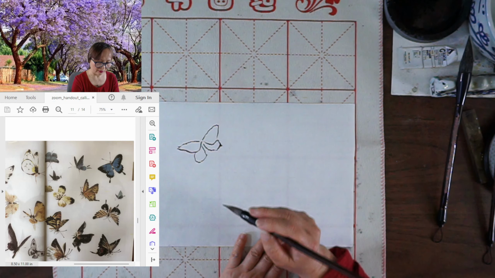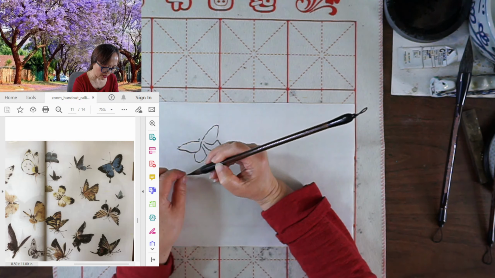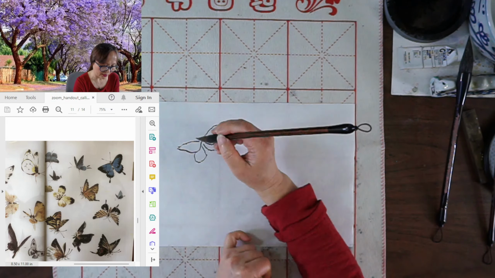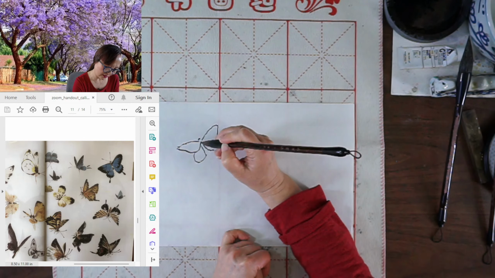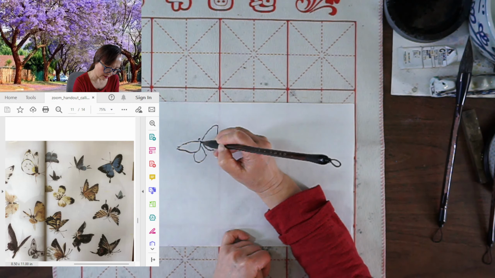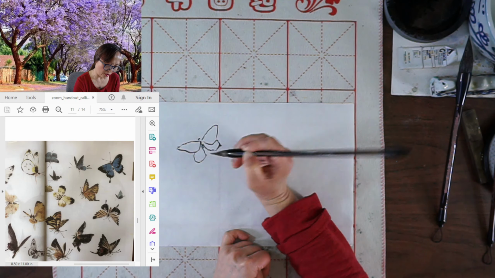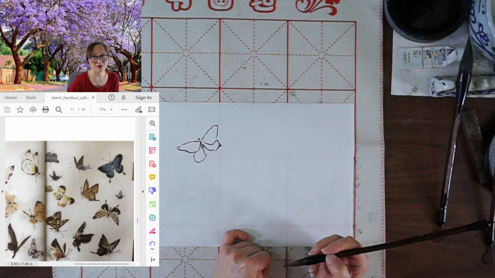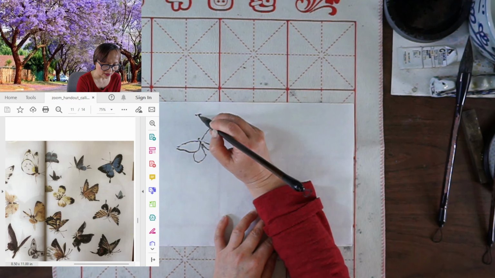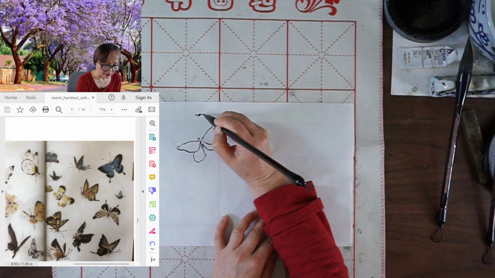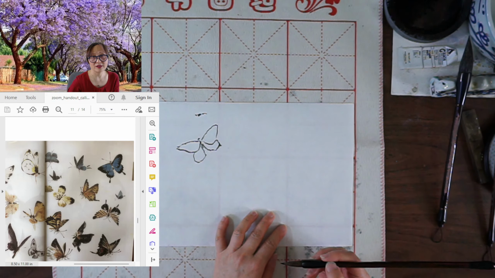And the head part is very small. We do the body part in about 3 strokes: the head, and the chest part, which you can barely see, and then the lower part, like that, right?